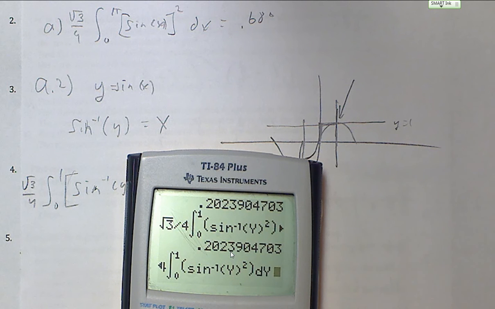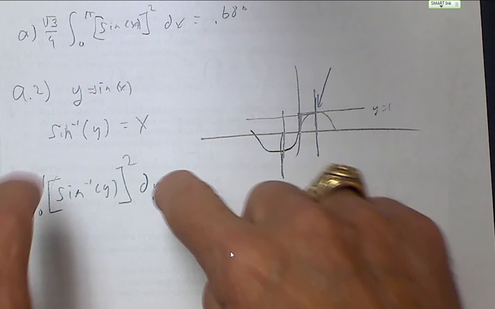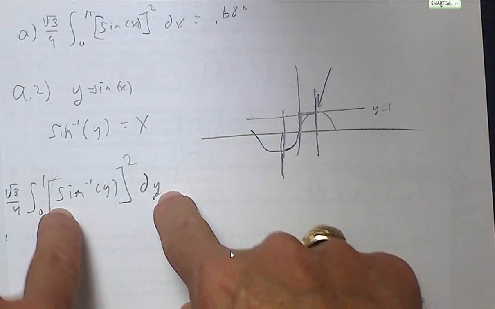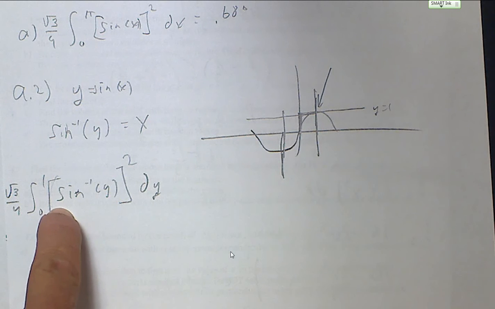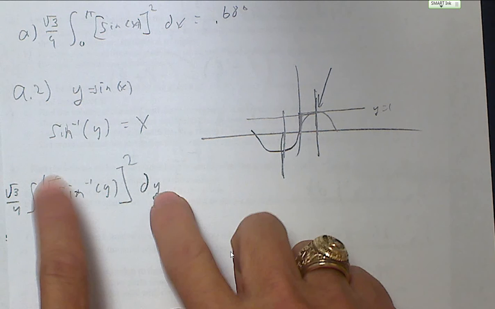You use the alpha button, the green alpha, and 1. That's your alpha y right there. My point is you can type in your calculator x's or y's, it doesn't matter. But if you don't have this written on your paper, you lost points. Even if you get the right answer, if you don't have this written down correctly, you've lost points.